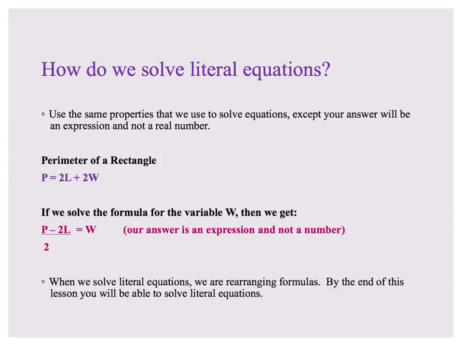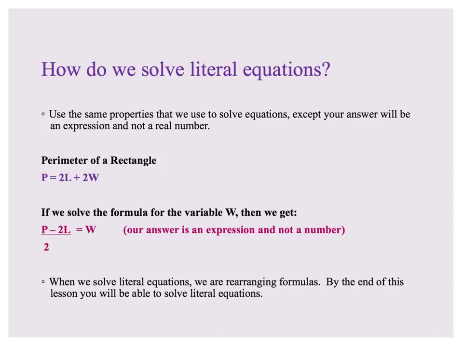How do we solve literal equations? Well, we solve them just like we solve equations with numbers, except our answer will not be a real number, but it will be an expression. For example, here we have the formula for the perimeter of a rectangle.